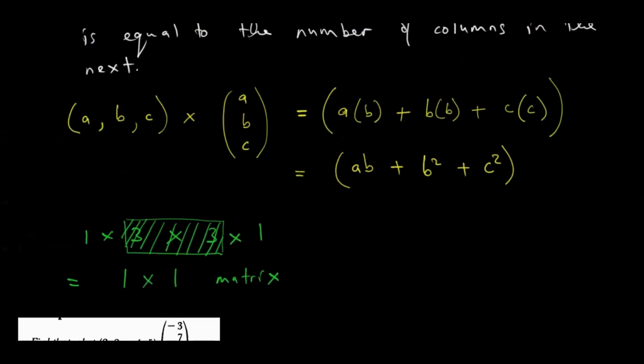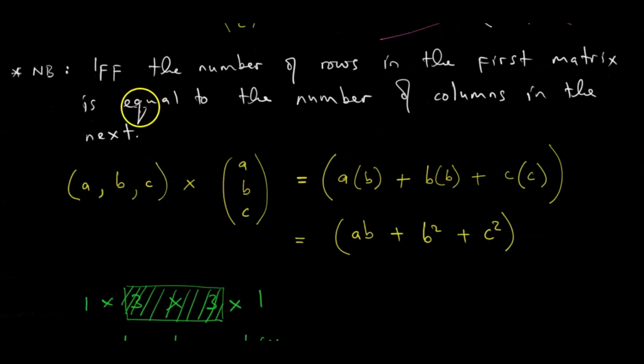Saka we have to add actually a twist here on this general statement, that if and only if the number of columns in the first matrix is equal to the number of rows in the next. I think this becomes more accurate.